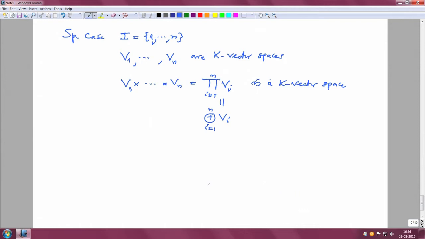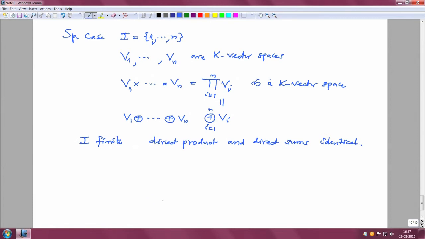Therefore, in this case when I is finite, the concepts direct product and direct sum are identical.